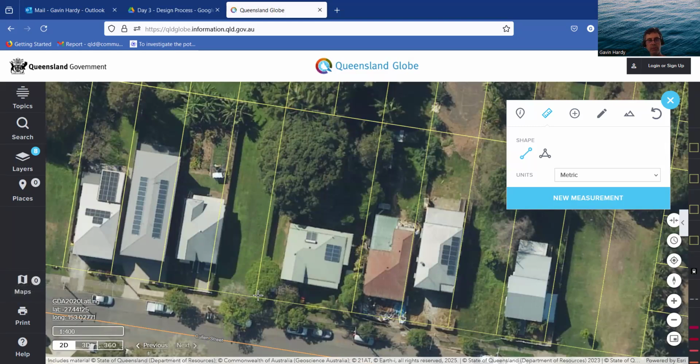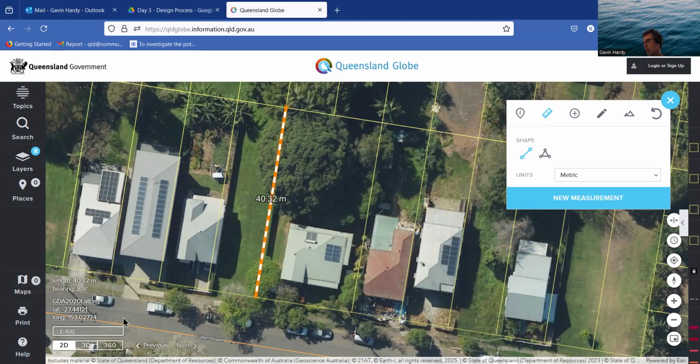As I measure this, you'll see a figure called bearing comes up. Bearing is the angle relative to true north. And the bearing shown here, double click on that, is about 9 degrees, as you can see, about 9 degrees down here.